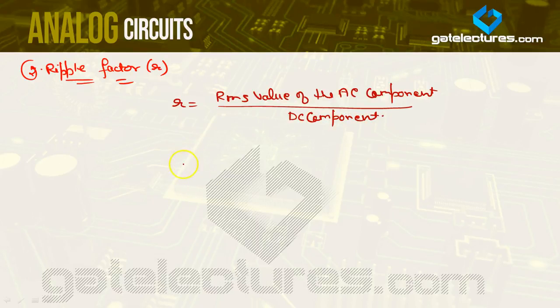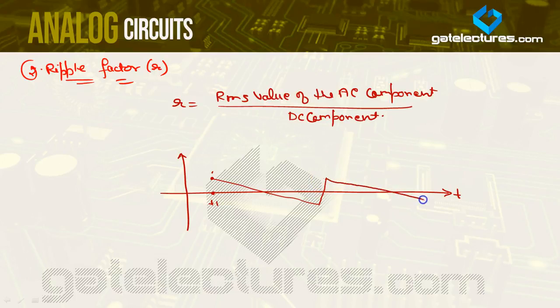Okay, now let's have a look at the variation in the output. We know how the output looks. If you keenly observe, the variations are like this. Although it's like this, we can approximate the whole variation to a triangular wave.